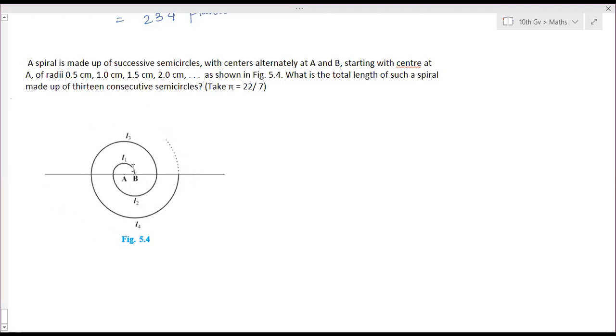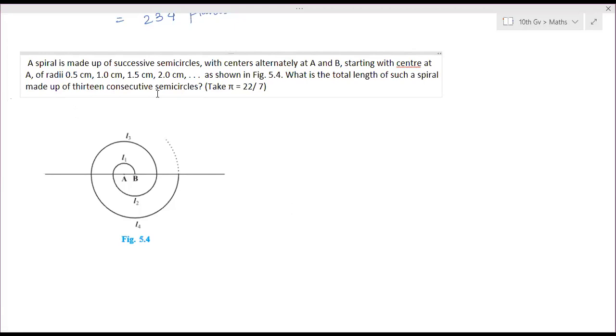Then it asks the total length of the wire needed to make a spiral made up of 13 consecutive semicircles. So here in the figure, there are 4 semicircles. Like that, we have to calculate the total length of the wire for 13 consecutive semicircles.